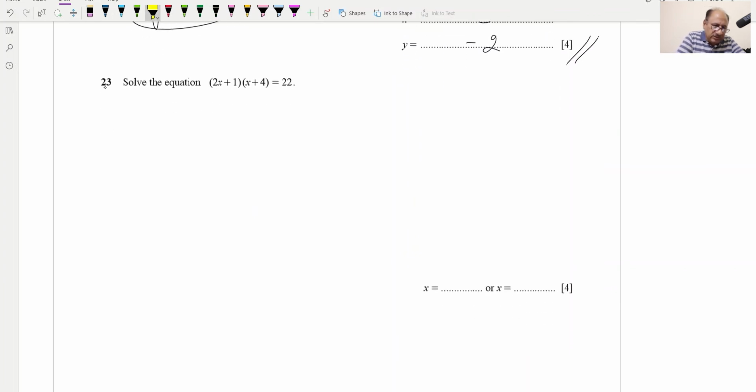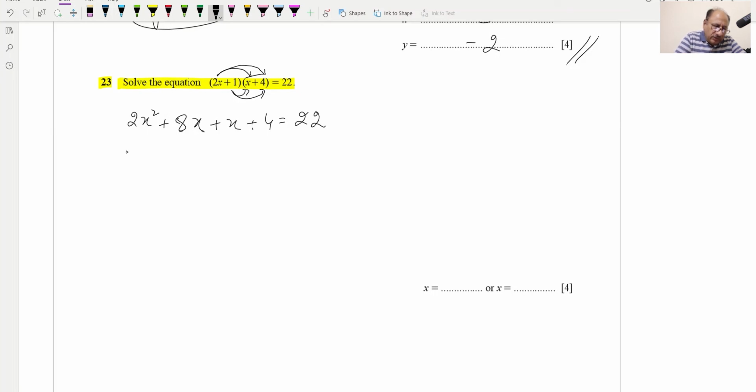Now this is question number 23. Question 23 says solve the equation, this one. So to solve this equation, we will be multiplying 2x with x, so we'll get 2x squared, then 2x with 4, so it will result in plus 8x, then 1 with x, so it will be plus x, and 1 with 4 will be plus 4 is equal to 22.